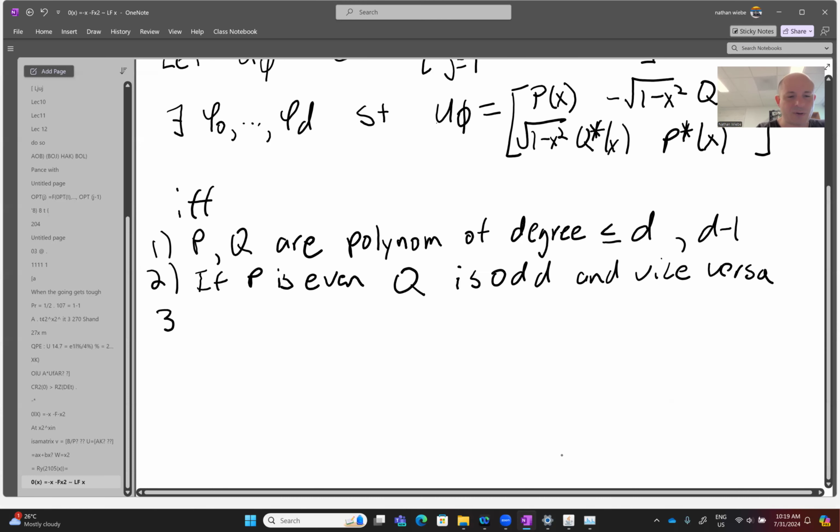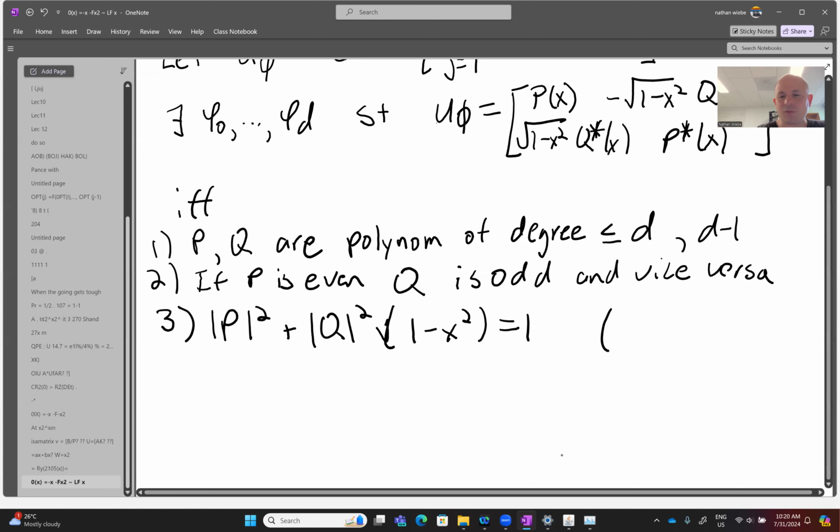And the final one, three, is that the absolute value of P squared plus the absolute value of Q squared times 1 minus x squared equals 1. And this is a trivial constraint from unitarity. So these are the conditions that we have for doing it.